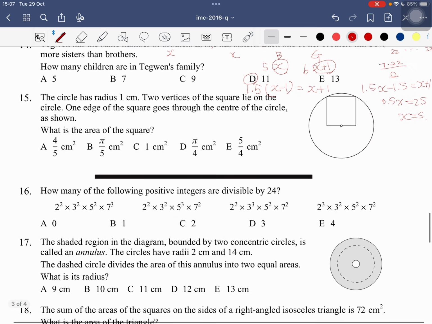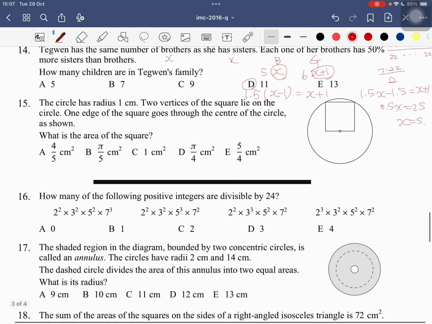Number 15. A circle has radius 1 centimeter. So this is 1 centimeter. This square goes to, let's say this is x, then this will be 2x. So by the Pythagorean theorem, x squared plus 2x squared becomes 1 squared.